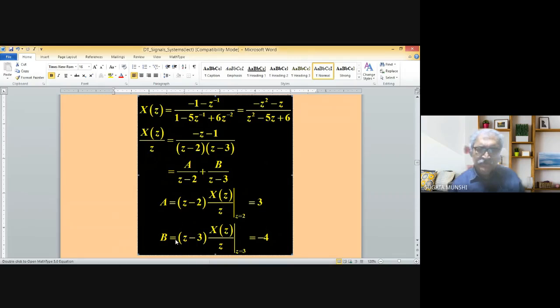B will be (z minus 3) into X(z) by z with z replaced by 3, which yields minus 4. So A is 3 and B is minus 4. Note it down. Once you have done that, the major part of your job is over.